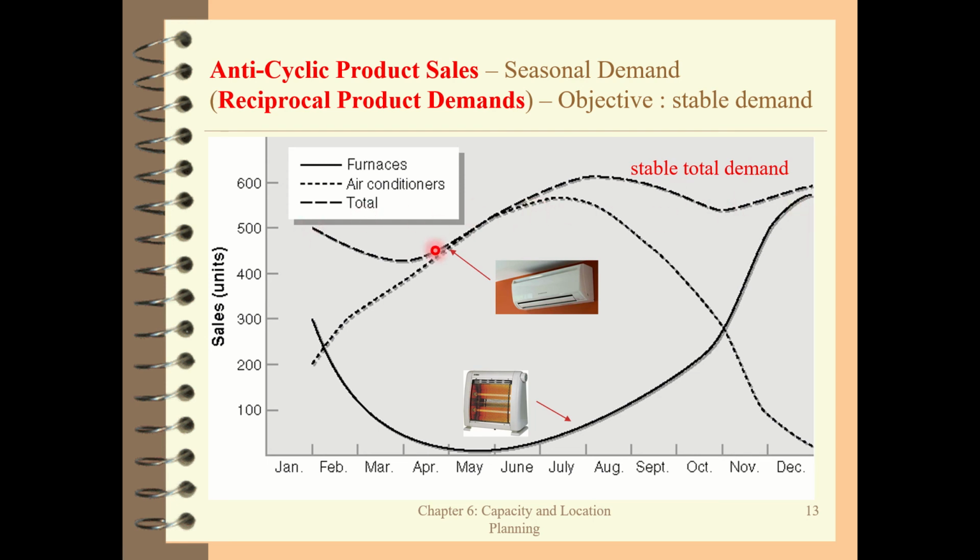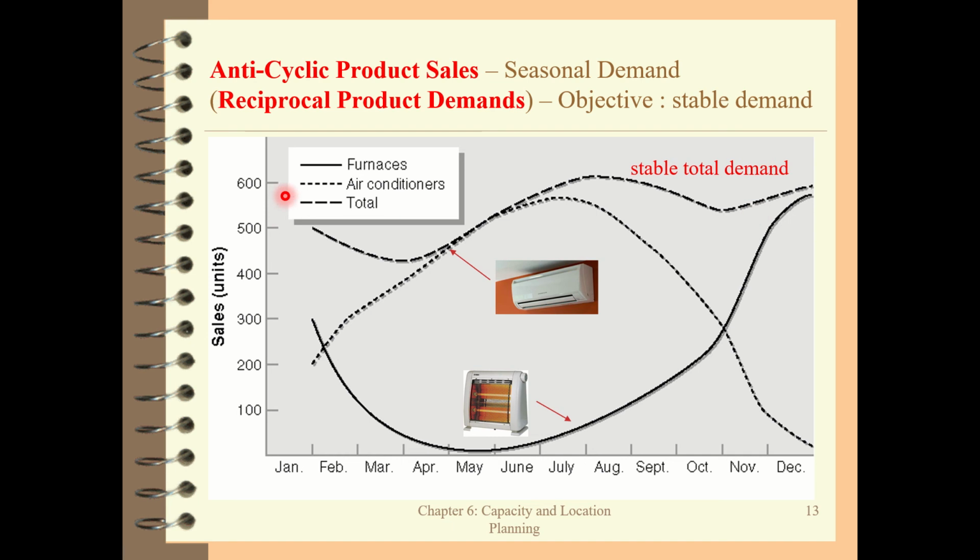So in this case, you need to find some product that is an anti-cyclic product. For instance, if you look at the air conditioner, you can produce something else during the slack period. Instead of producing air conditioners, you can produce heaters or furnaces, so that the total demand will be stable.